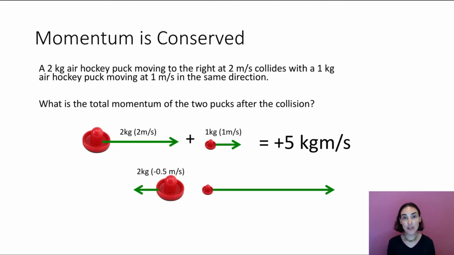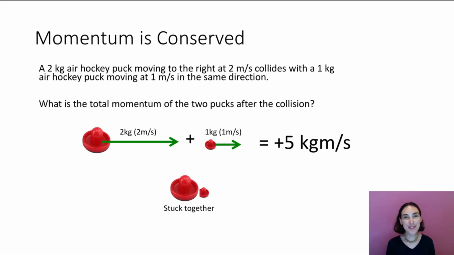So since we know the little one has a mass of 1 kilogram, we can immediately say it must be moving at 6 meters per second, because that's the speed that will make the momentum after the collision equal to the momentum before the collision.